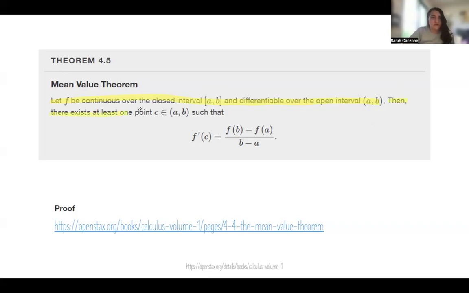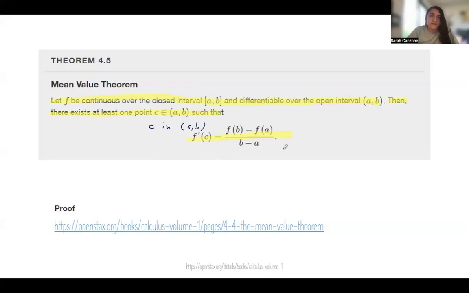Then there exists at least one point c in (a, b). This notation reads c in a to b. It's just shorthand math, because we don't like to write things out, such that f prime of c equals f of b minus f of a over b minus a.